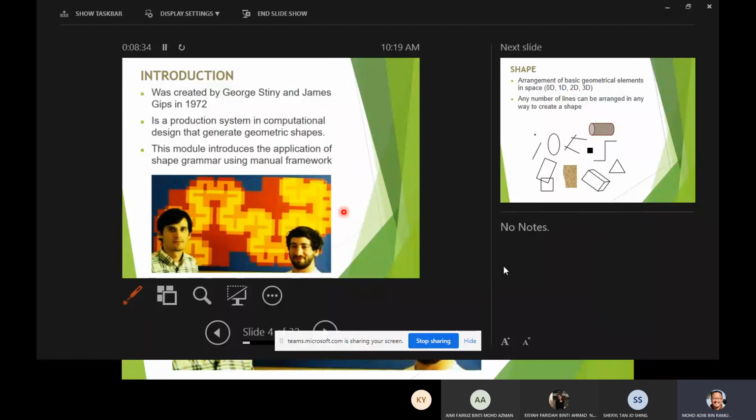The painting or the design was not produced manually, but they produced it using the shape grammar method. They launched a program on the computer, they typed on the computer, and the computer itself generated the design.